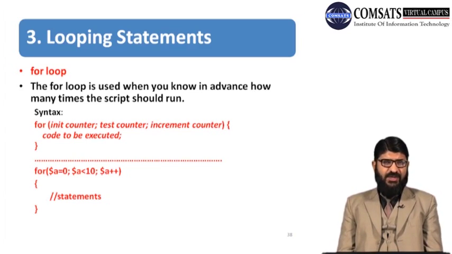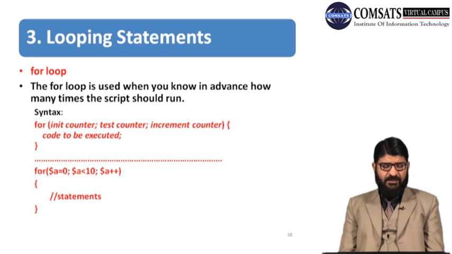For an integer counter, test the counter and increment the counter. So first of all you will initialize the counter value, then you will match the condition, and then you will increase the value after every execution. On a match, the lines of code inside the for loop will be executed.